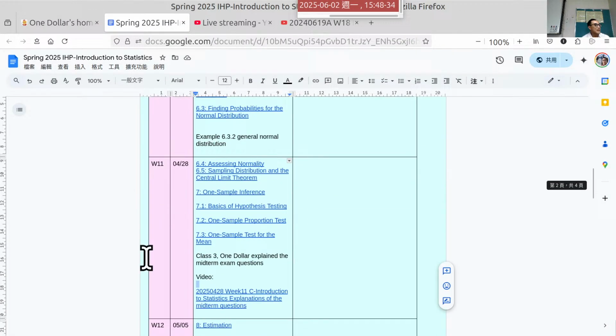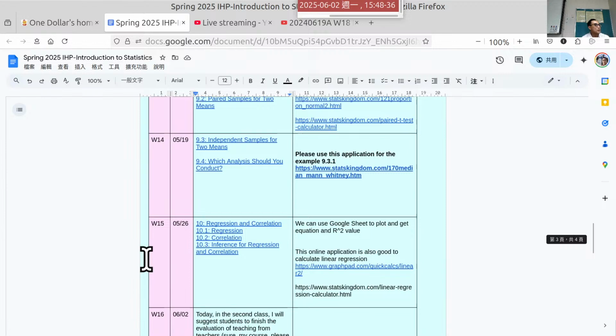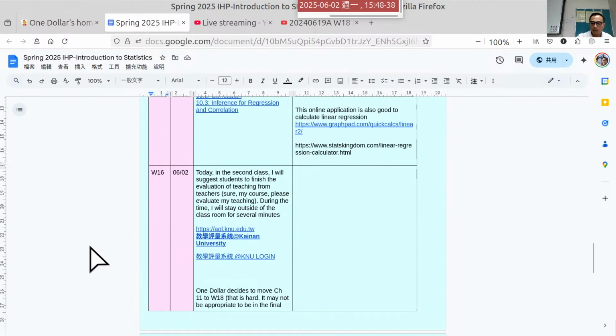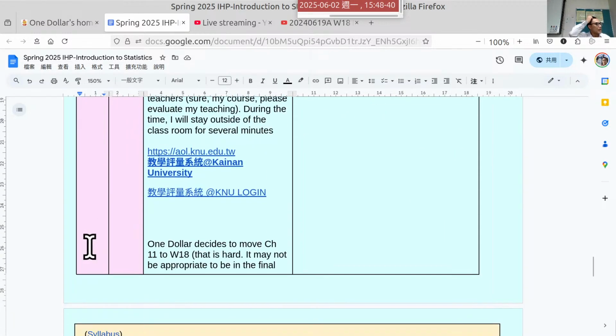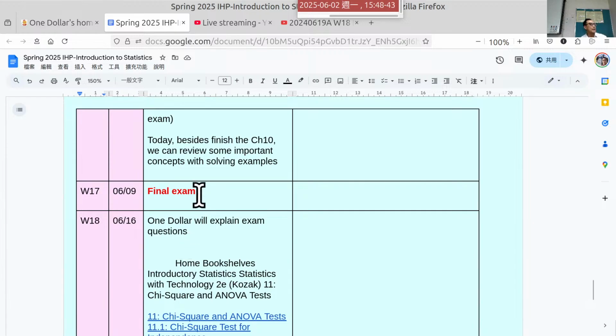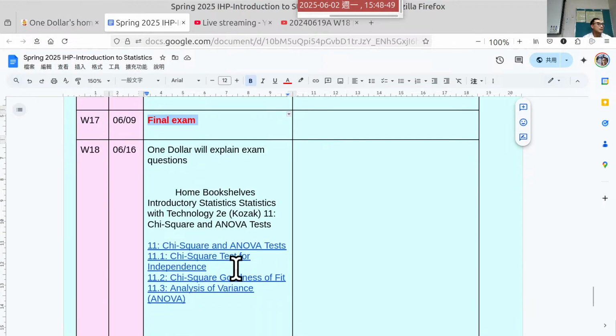Okay. Next week is the final exam, and after my consideration, I think chapter 11, because chapter 11 is about chi-square and ANOVA, is a little bit harder than t-test, normal distribution, and linear regression.